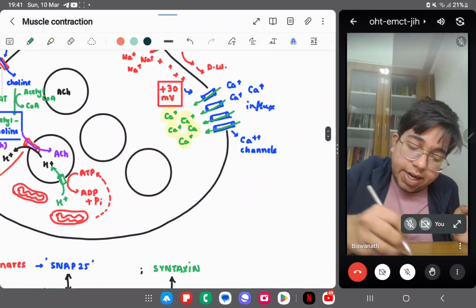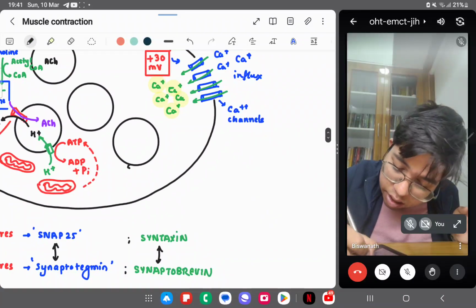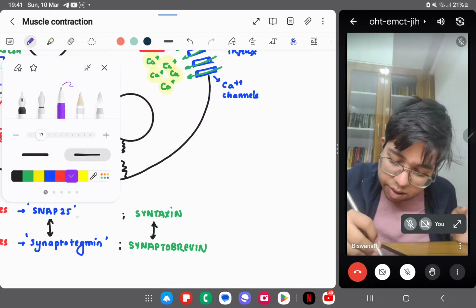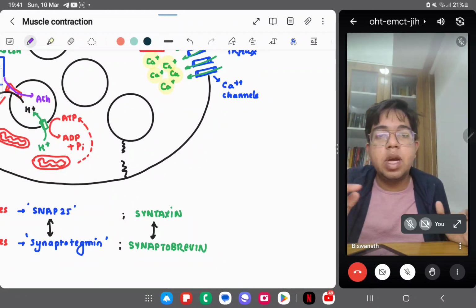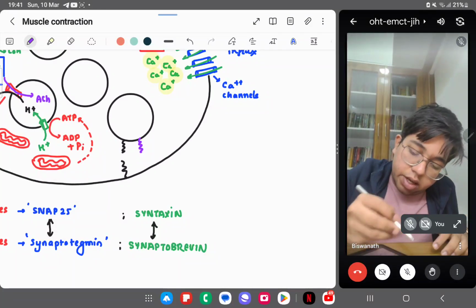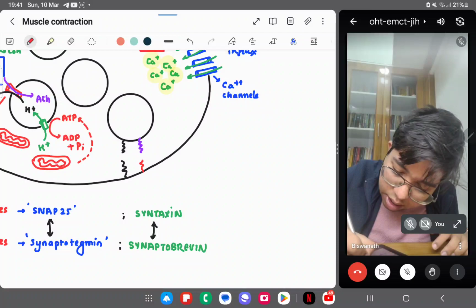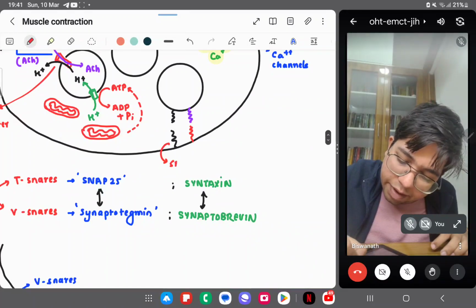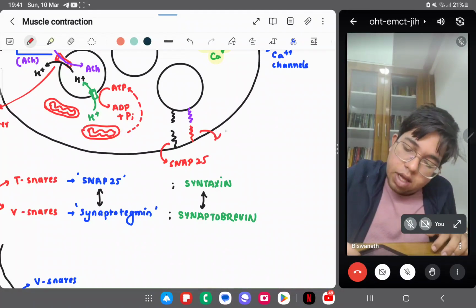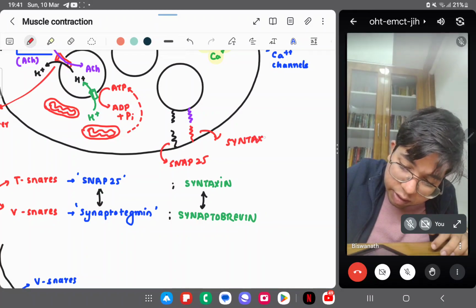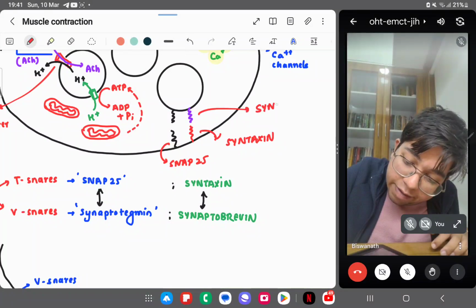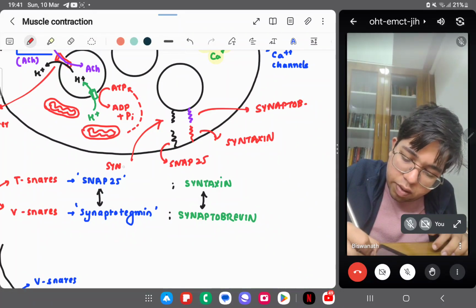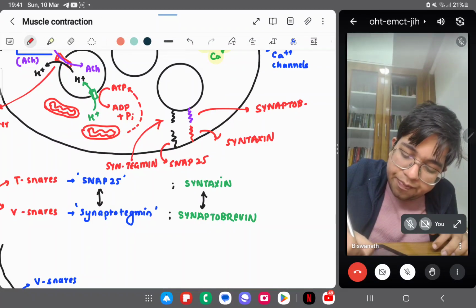So basically, what I said is that we have our pretty ACH here. Here will be a snare protein and here will be another snare protein, and another one here. The T snare will have your SNAP25 and syntaxin, which will be fusing with synaptobrevin and synaptotagmin.